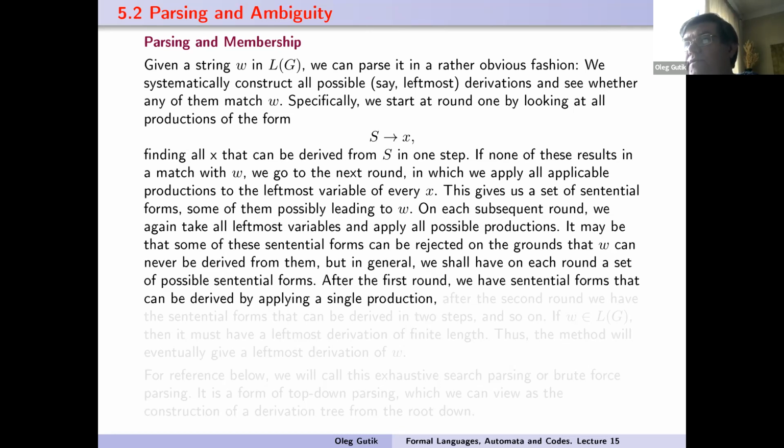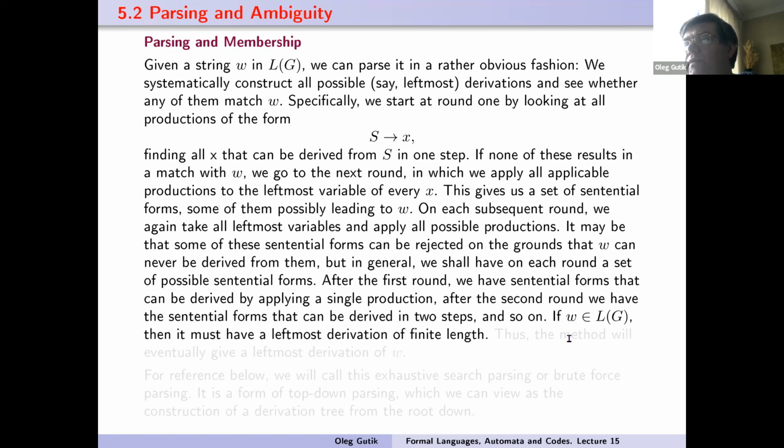After the first round, we have sentential forms that can be derived by applying a single production. After the second round, we have sentential forms that can be derived in two steps, and so on. If the word w belongs to L(G), then it must have a leftmost derivation of finite length. Thus, the method will eventually give a leftmost derivation of the word w.